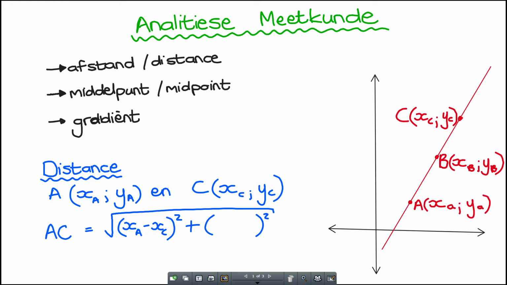And now in my second bracket, I get the difference between the y values. So I need the y value of, en nou moet jou volgorde dieselfde wees as wat jy in die eerste hakkie gedoen het, nee? So y value of A minus y value of B. Ag, C. Sorry, ons werk mos met C en nie B nie.